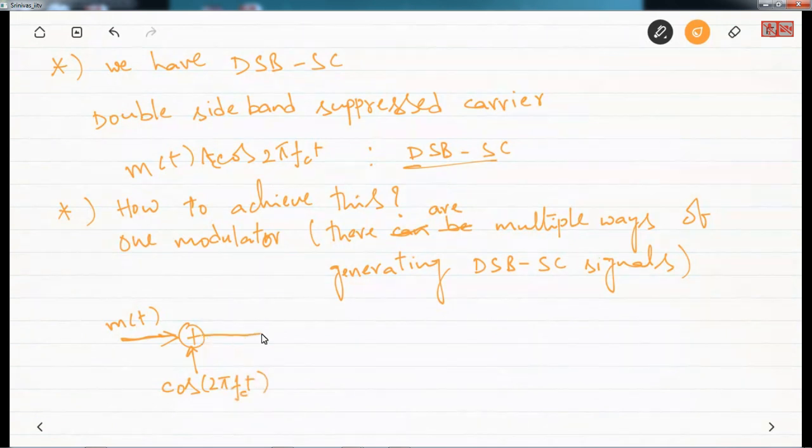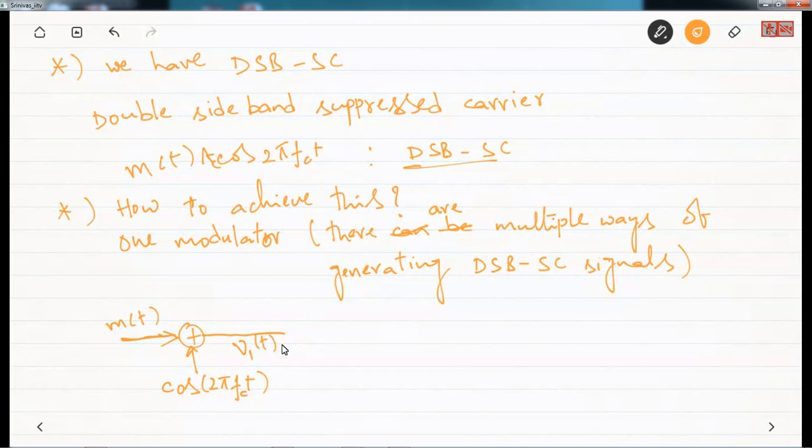It's an adder. This symbol just represents a circuit which adds m of t with cos 2 pi f ct. So cos 2 pi f ct is the carrier signal with peak amplitude of 1, right? And then let's call its output signal v1 of t.